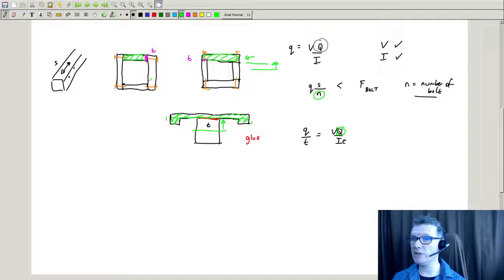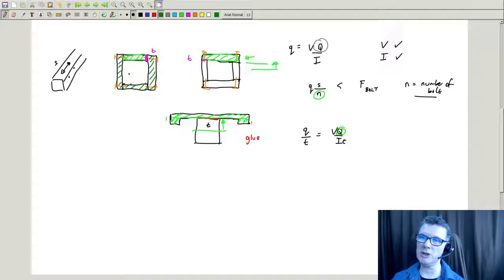The other thing is, not that you'd want to, you could analyze this problem. No reason not to. Well, there is a good reason not to, but you could analyze it by working out what the Q is for the dark green, okay?